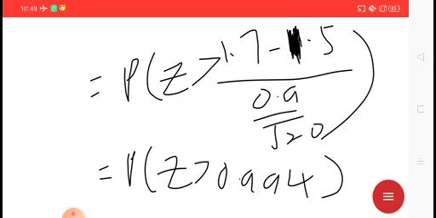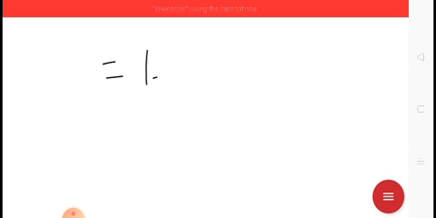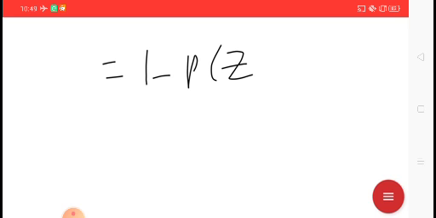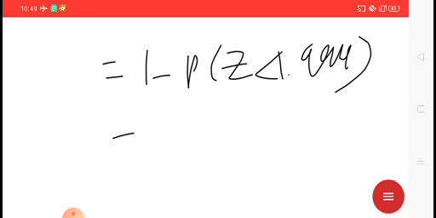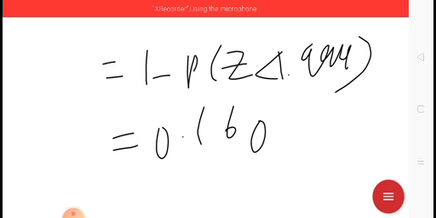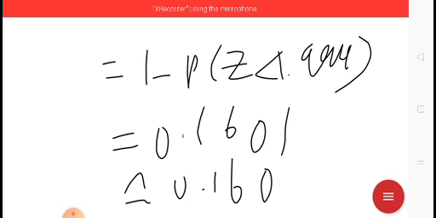By further calculation, this is equal to 1 minus P(Z < 0.994), and you should get 0.1601. Okay, so simplify to 0.160. So this is the probability of type 2 error. Okay, so this is for question 9.